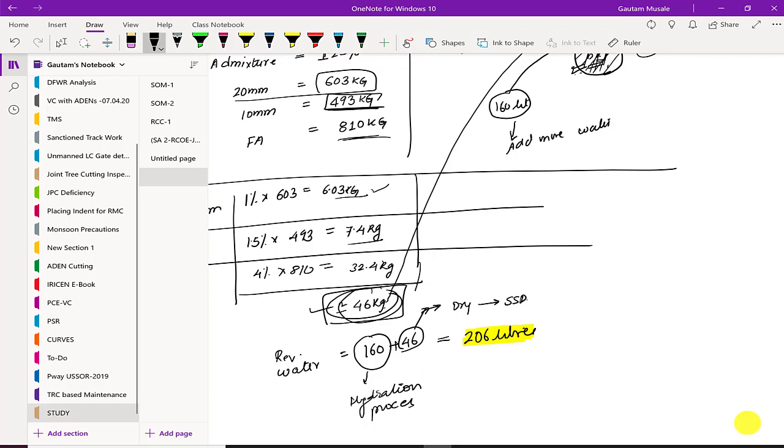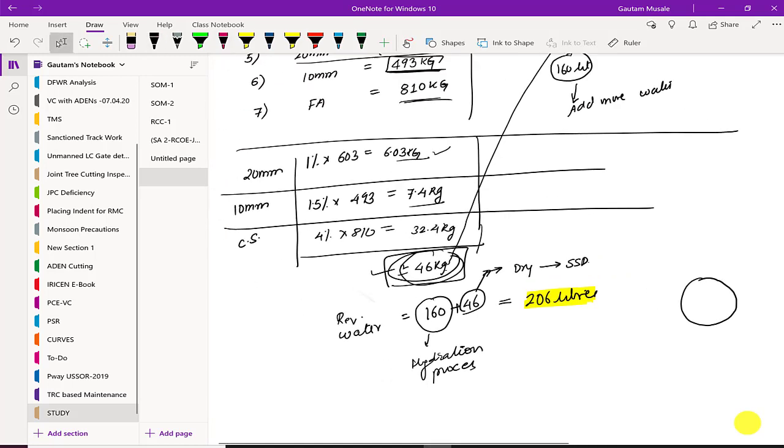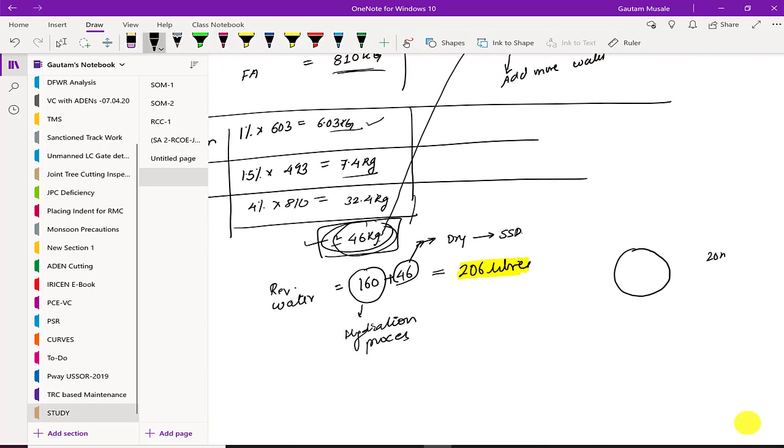Are you understanding what I'm trying to tell you? See, let us take an example of this 20 mm aggregate, wherein the weight was 603 kgs for SSD condition.